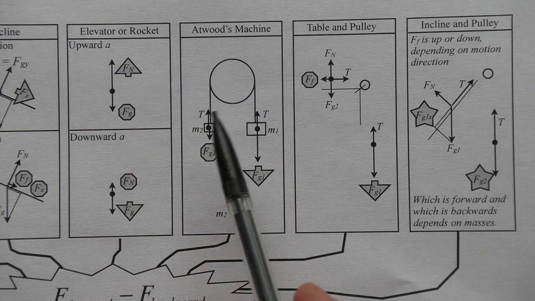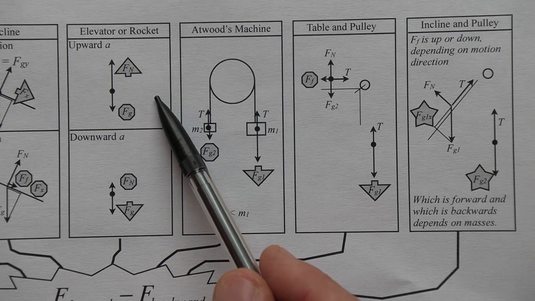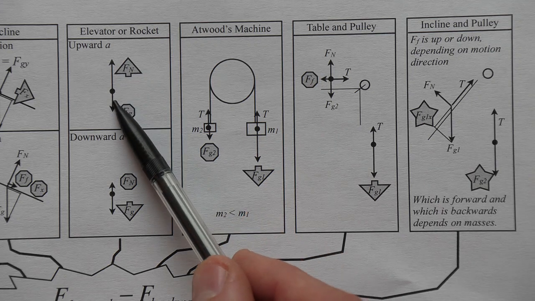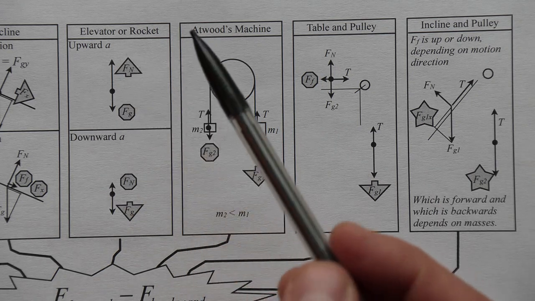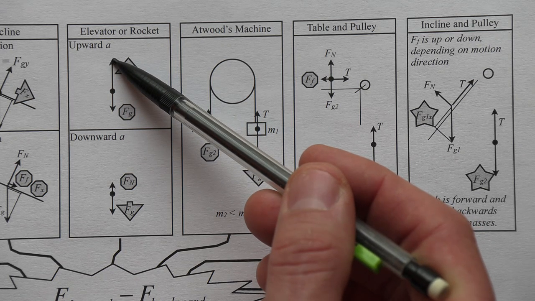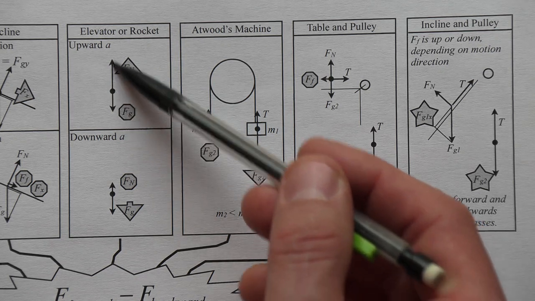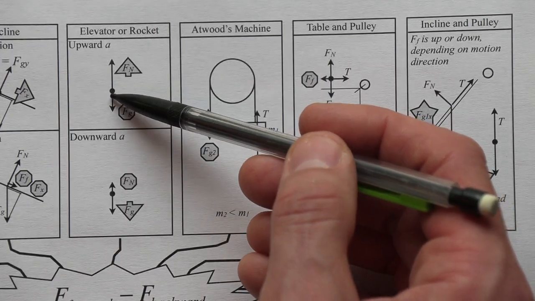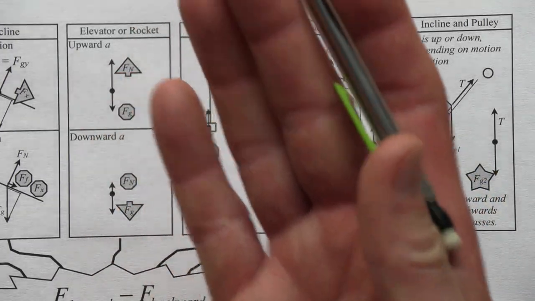But if something is accelerating upward, like a person in an elevator, what happens is the floor is pushing up harder than the body weight of the person. So in pounds again, if this were 150 pounds, maybe this is 170 pounds, more than the 150. Then the person accelerates up. In newtons, maybe we got like 1,000 and 1,200, and so we accelerate upward.